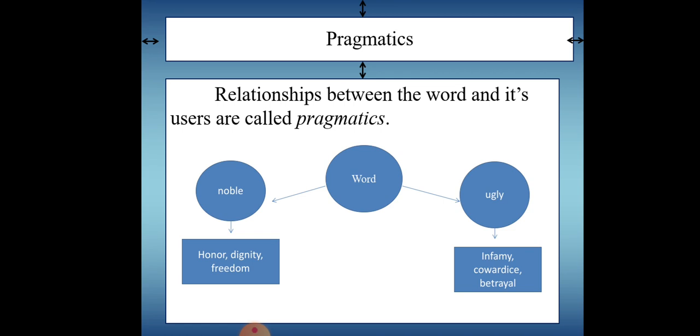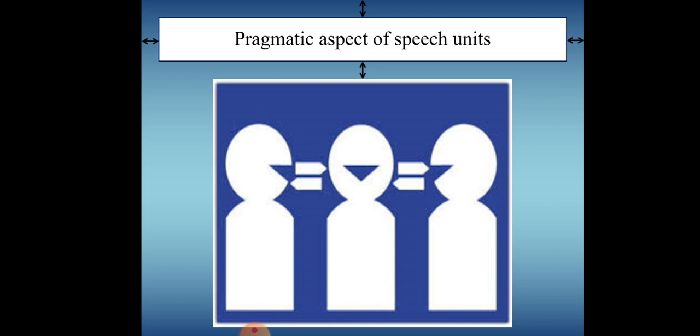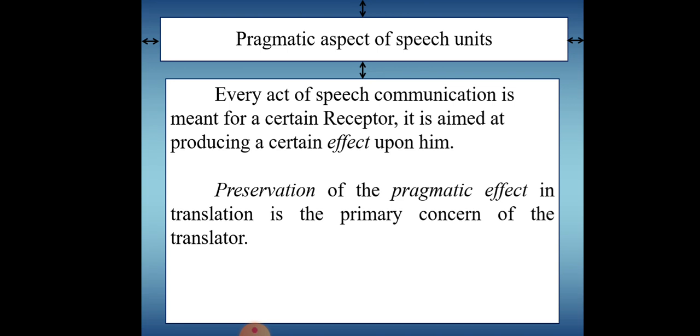The pragmatic implication of a word is an important part of its meaning that produces a certain effect upon the receptor. Of even greater significance is the pragmatic aspect of speech units.